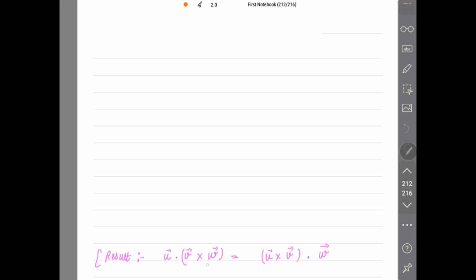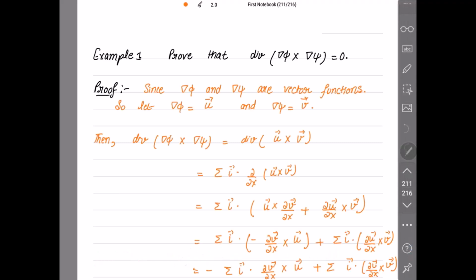So I'm using this result in both terms. Here I have i dot the cross product of these two vectors, so this will be changed into i cross curly v by curly x and its dot product with u. Similarly in this case also.